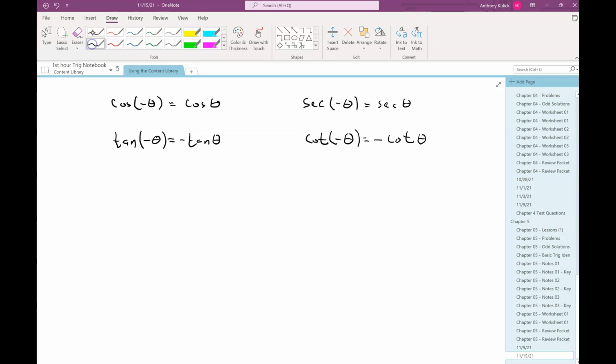So the type of problem that we're going to focus on first, the direction is called, or they're called, simplify the expression.